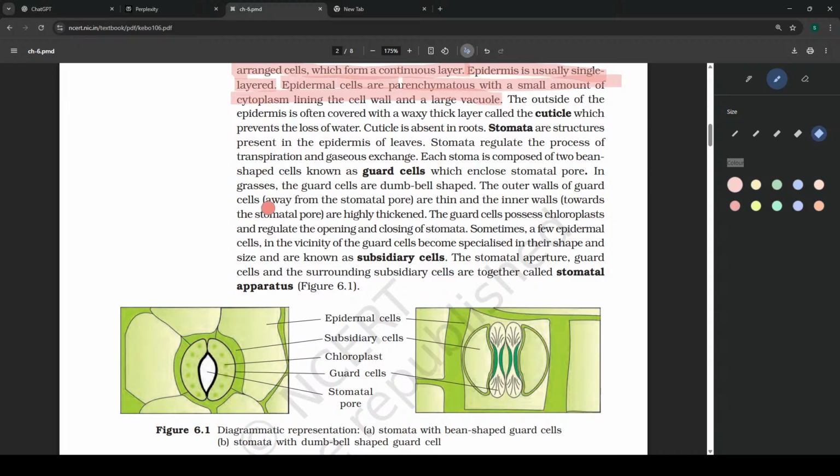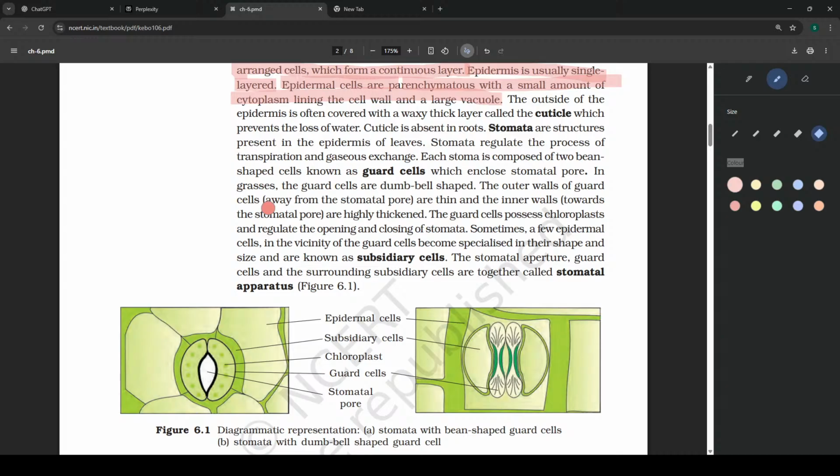These epidermal cells are basically parenchyma cells, a type of permanent tissue. We know that tissues are divided into meristematic and non-meristematic, and under non-meristematic there are simple and complex.